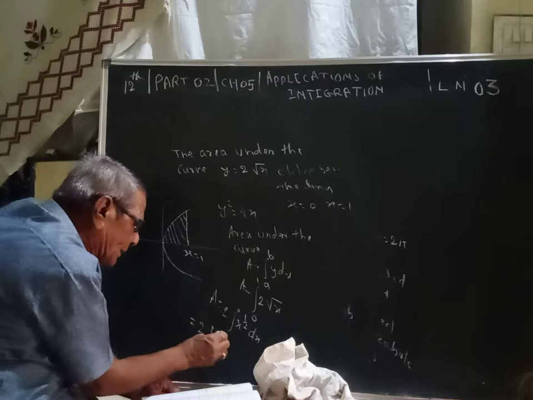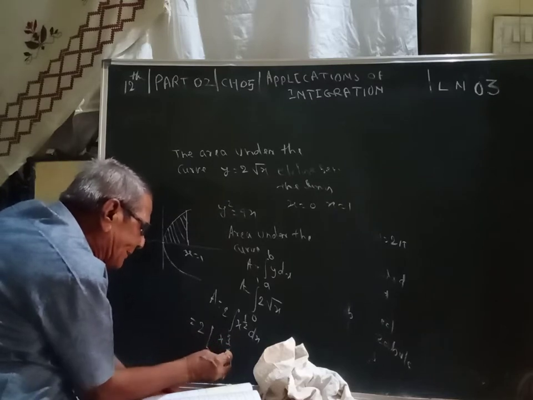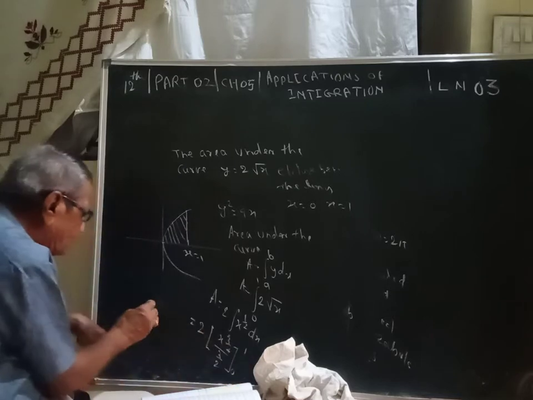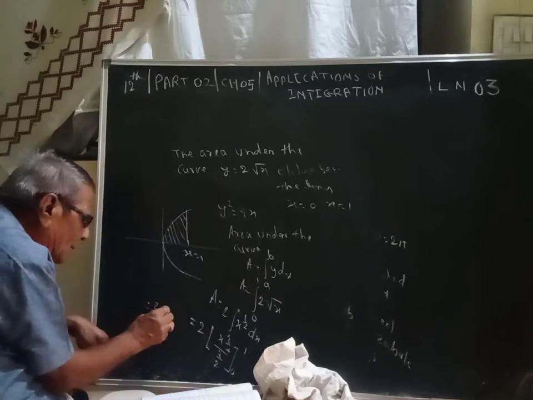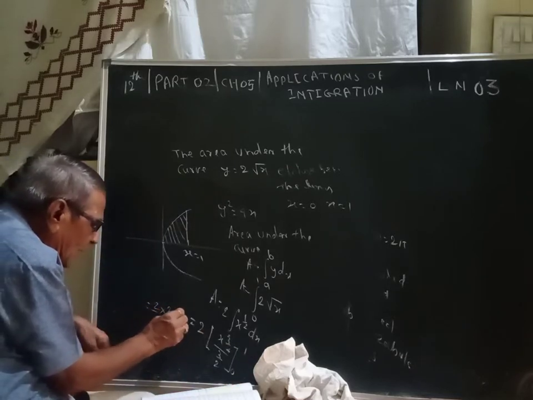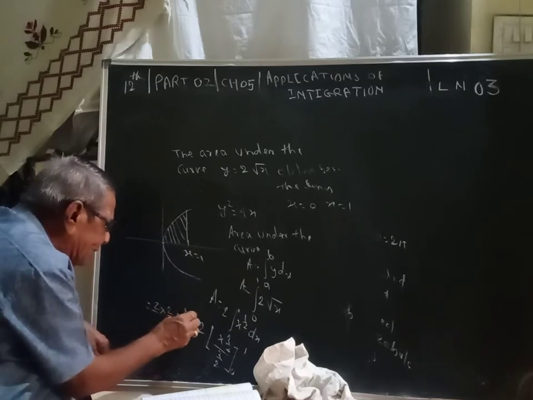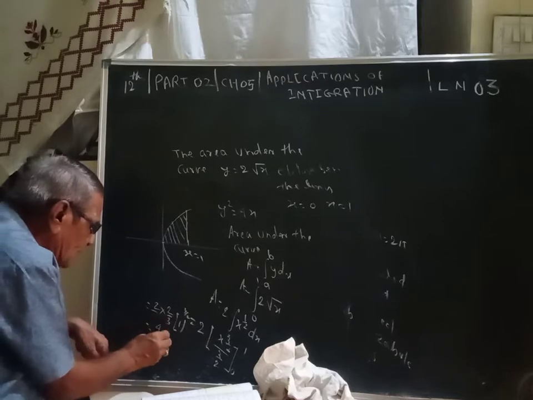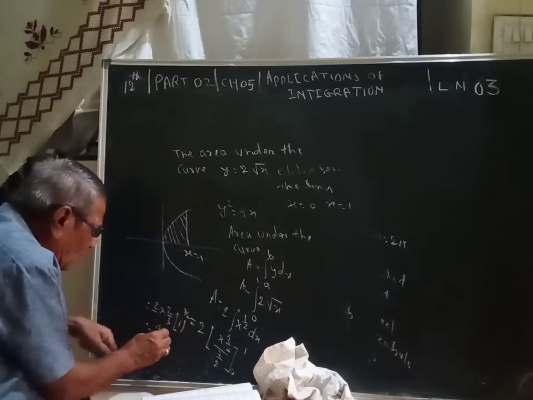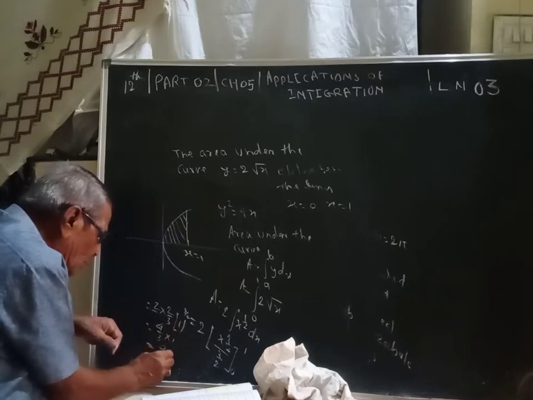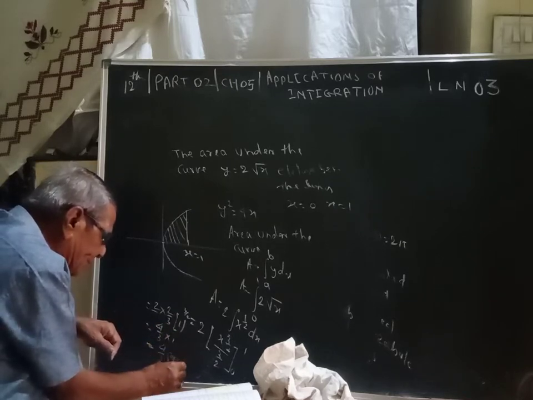So 2 into x raised to 3 by 2 upon 3 by 2 between the limits 0 to 1. So 2 into 2 by 3 and into 1 raised to 3 by 2. So 1 raised to anything is 1 only. So 4 by 3 into 1 is equal to 4 by 3 square units.